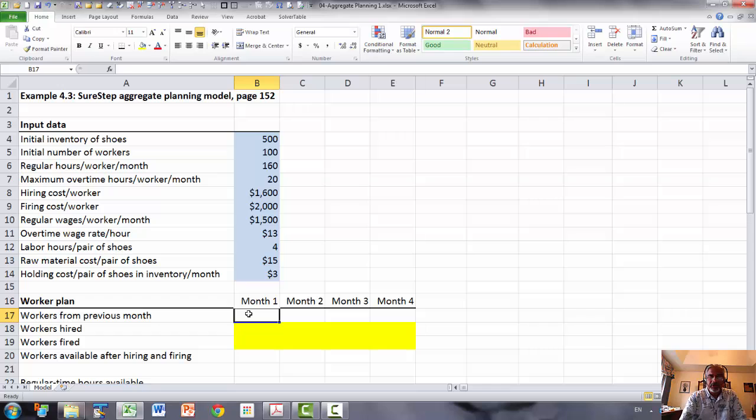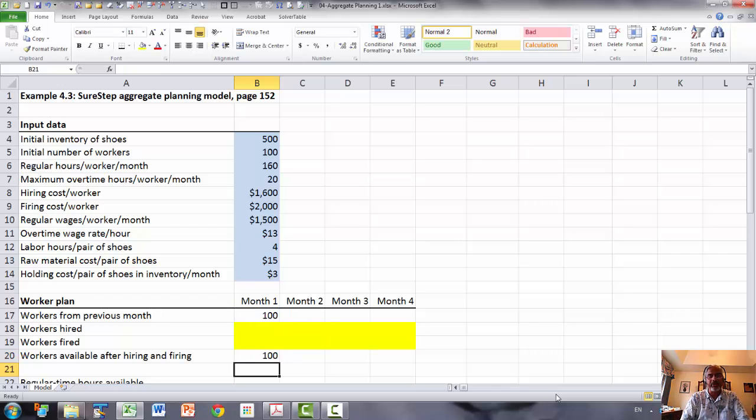Initially, for the first month we'll begin with the initial number of workers, plus if we hire any workers, that will get added to the number of workers. But on the other hand, if we fire workers, then that many workers will be taken out.